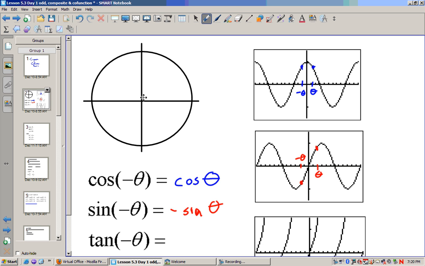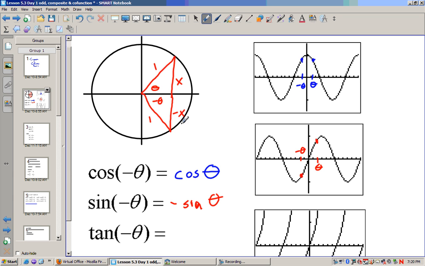If I have the sine of theta and sine of negative theta, I guess I could have left that up before. If we have x, this right here is going to be negative x. So it's going to be x over 1 or negative x over 1. So this would be negative sine of theta.